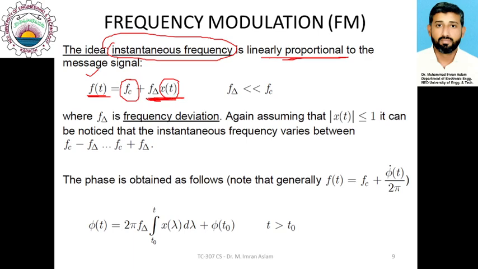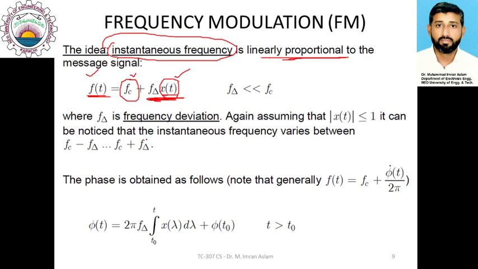So you can easily see that as the message signal changes, f t would change. If x t is positive, meaning the message signal has a positive amplitude, the instantaneous frequency would be relatively higher than the carrier frequency, and if x t is negative, the modulated signal would have a frequency smaller than the carrier frequency.